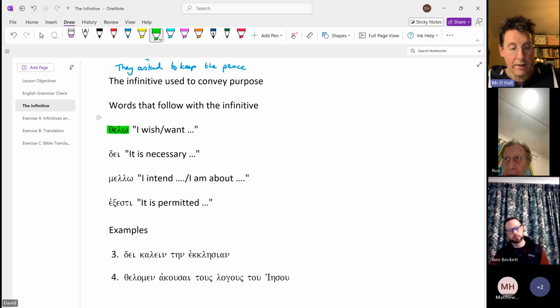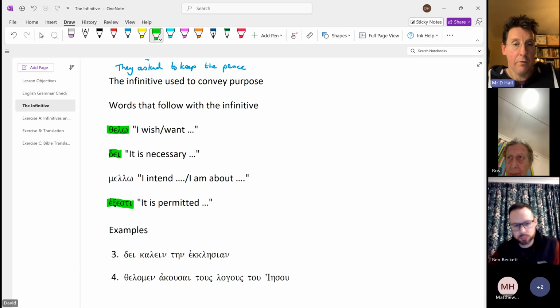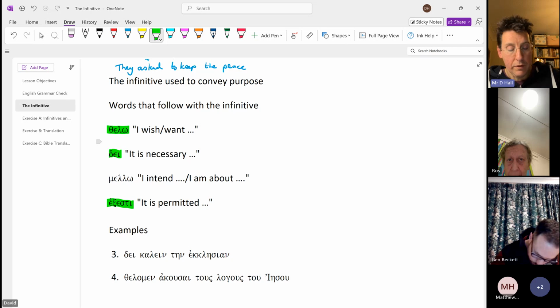So it'll have its own endings as a verb. But then there are 2 other verbs here: dei and exesti, it is necessary and it is permitted. You'll only find them in that form.